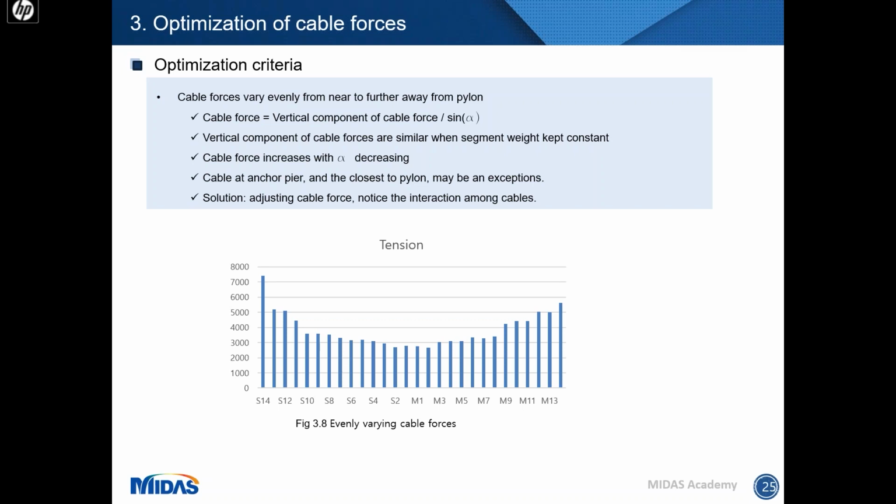If the girder self-weight is evenly distributed, the vertical component of cable forces should be similar. So the cable forces will be determined by the angle between cable and girder. Because the angle changes gradually from near to further away from the pylon, the cable force should also change gradually.